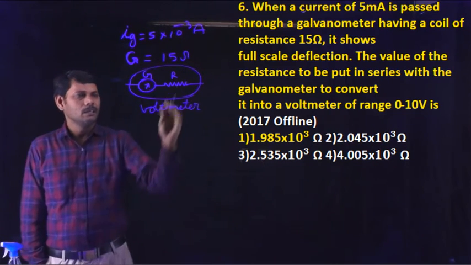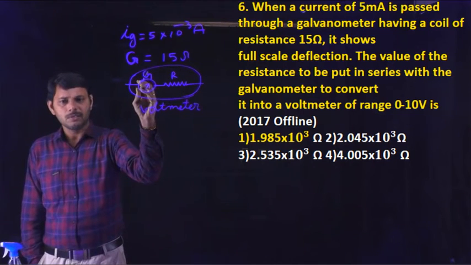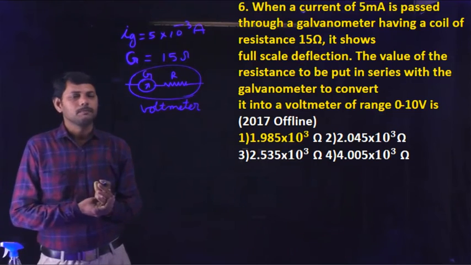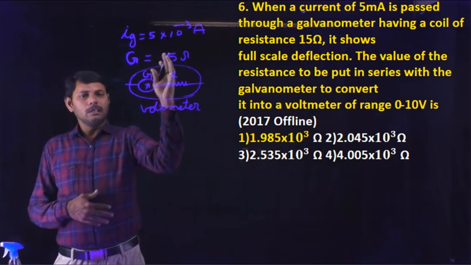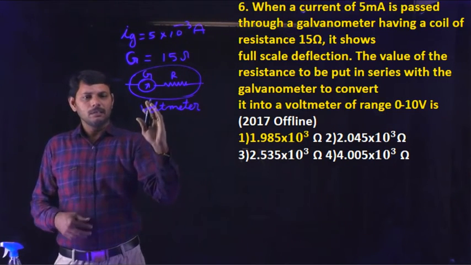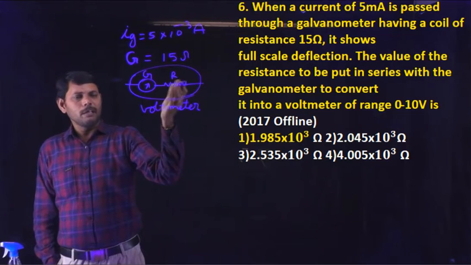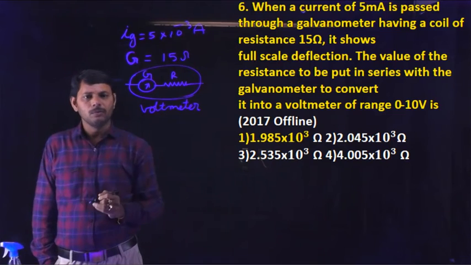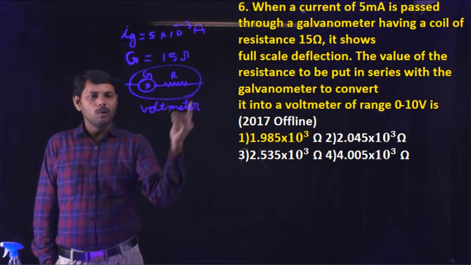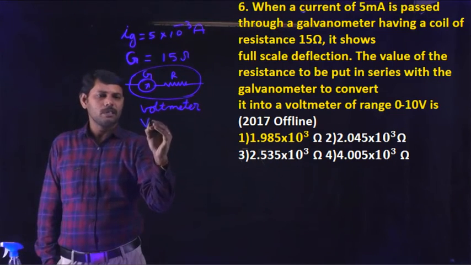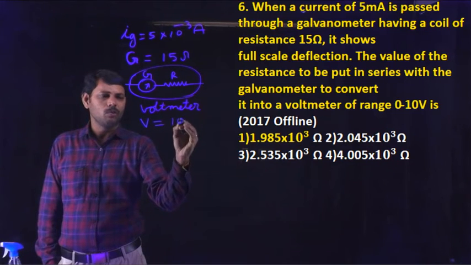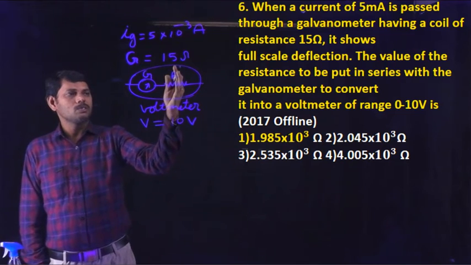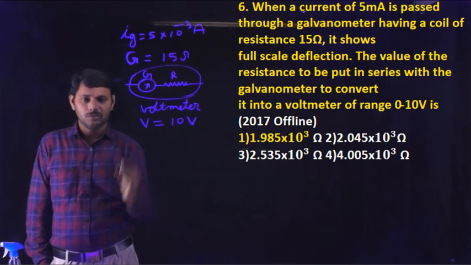Here, the given galvanometer is converted to a voltmeter by connecting a series resistor. We have to find the R value. The voltmeter should measure a maximum voltage of 10 volts. To measure a maximum voltage of 10 volts, how much resistor R is connected in series?